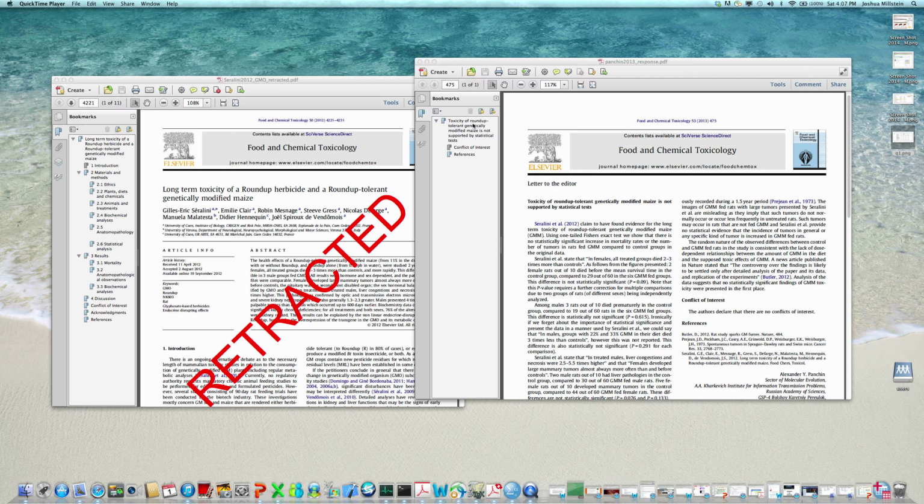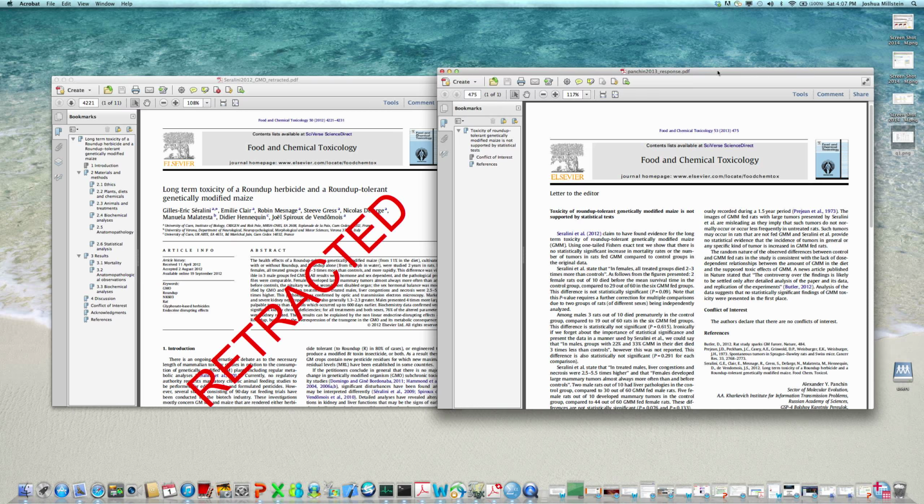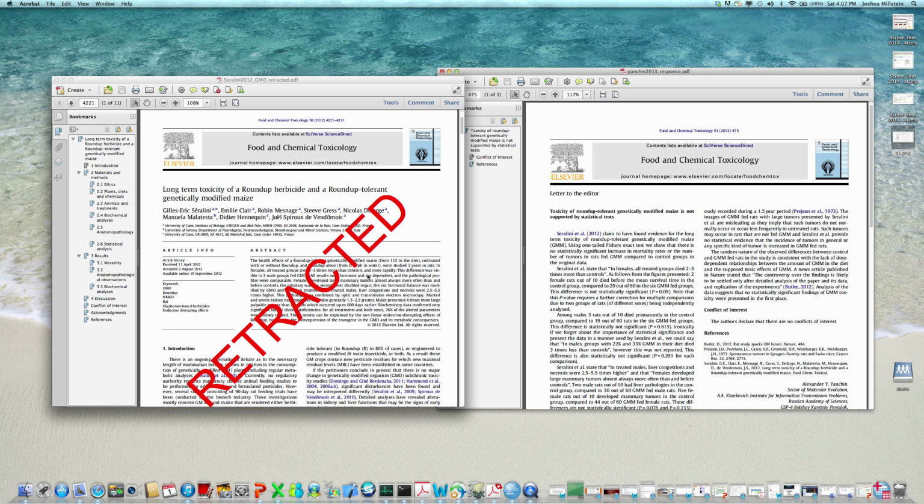And in a letter to the editor, someone wrote in and demonstrated with the Fisher's test that they could have come to different conclusions if they had used proper statistics. So, they address this claim that the authors made.